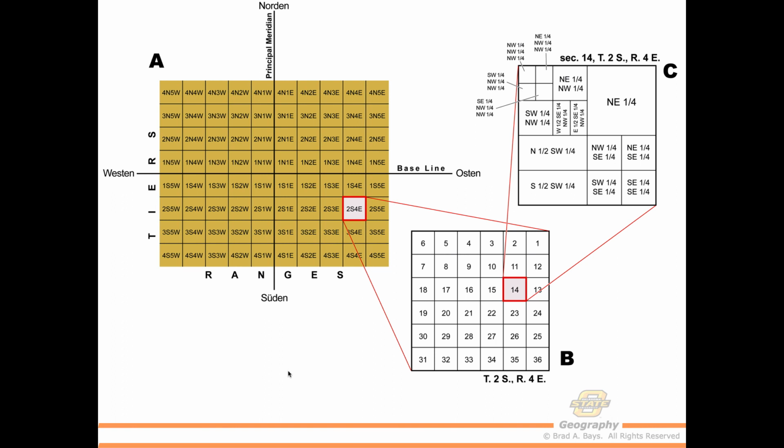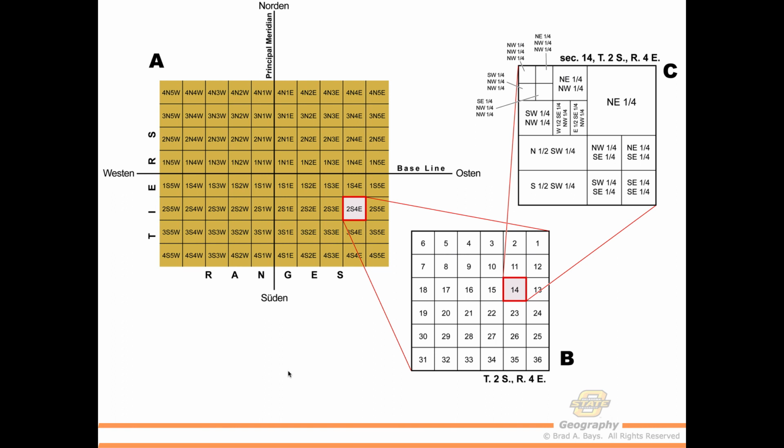If we look at these variations, remember that the building block here is 160 acres. The whole thing is 640 acres, 160 acres, and then what would one of these quarters of a quarter be? 40 acres, and then these would be 10. Okay, so 10, 40, 160, 640.